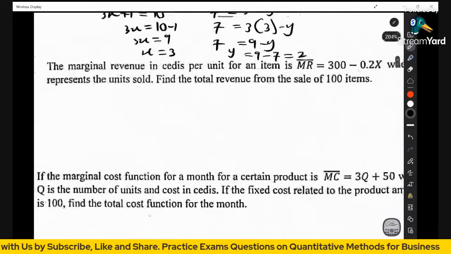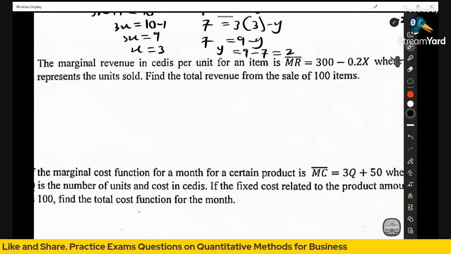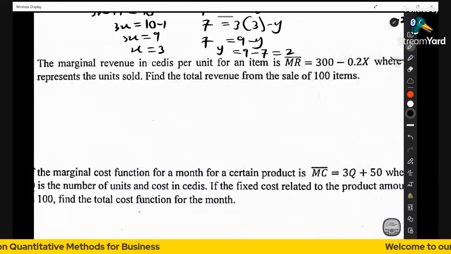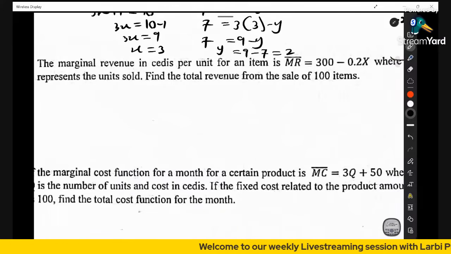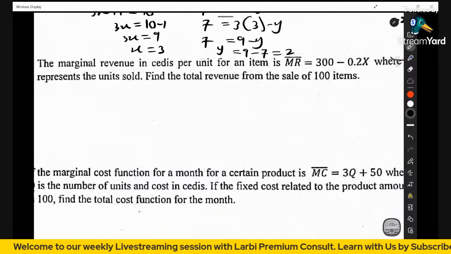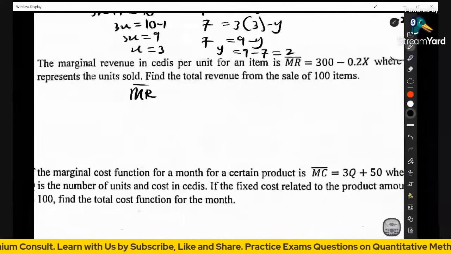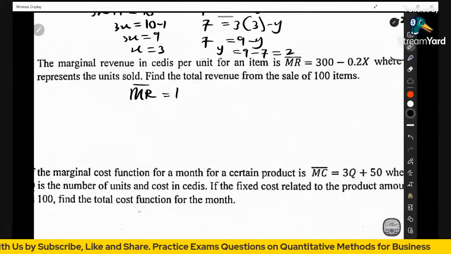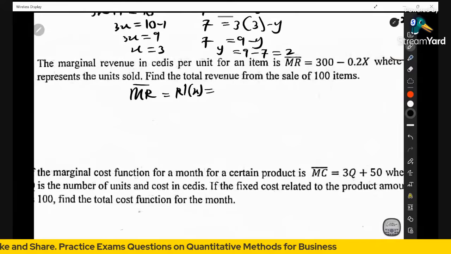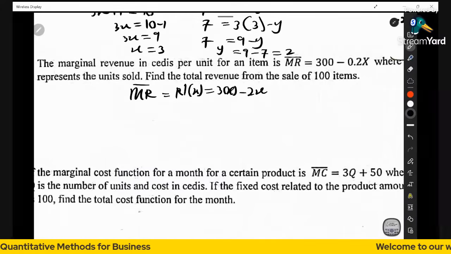So let's take note. Then question number 16. The marginal revenue in cedis per unit for an item is, for a revenue function, R prime of x, giving us 300 minus 2x.